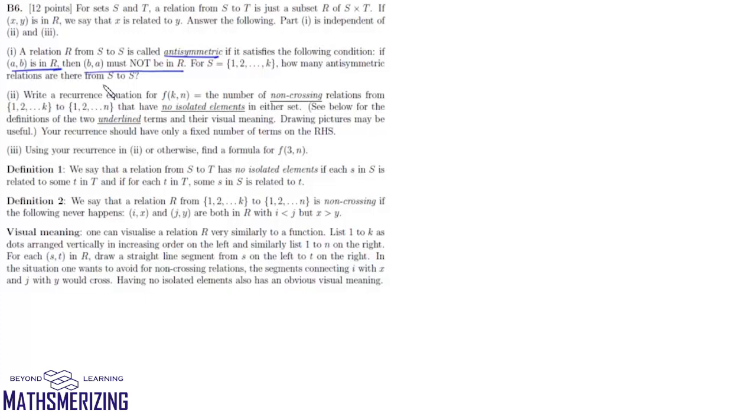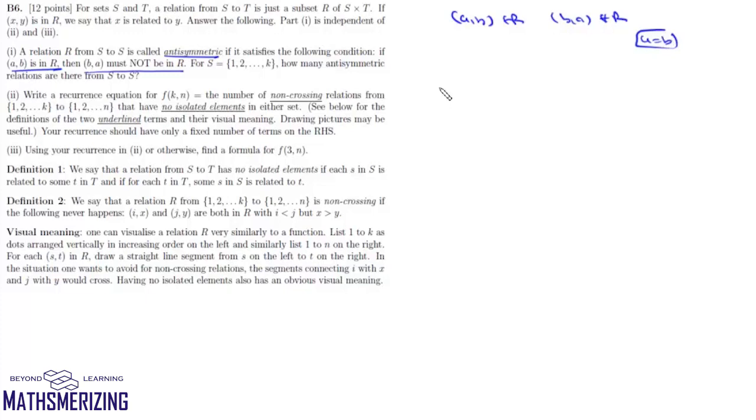Now here in the question they have defined anti-symmetric in a different way. In general we say that a relation is anti-symmetric if (a, b) belongs to R, then (b, a) doesn't belong to R except when a equals b. So we'll solve this question for traditional antisymmetric relations and also for this given antisymmetric relation in CMI's paper.